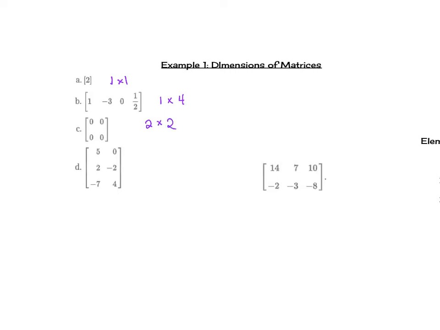This is 3 rows by 2 columns, right? 3 rows, 1, 2, 3, 2 columns. And so try this last one. What do you think this is? Hopefully you know that's a 2 by 3. So pretty quick, but just to know, how do you label it? When we talk about it, here's a 2 by 2, and then multiply to, for example, a 1 by 4. Does that work?